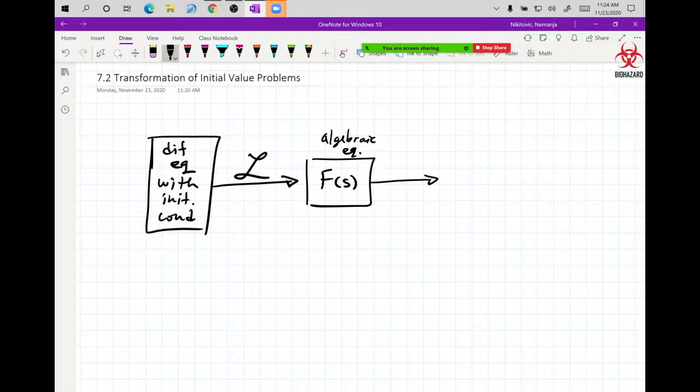Then you will solve that algebraic equation. And then once you solve it, you will have to, in 7.3, do the inverse transform, to go back and have your answer as x of t equals whatever the solution is.